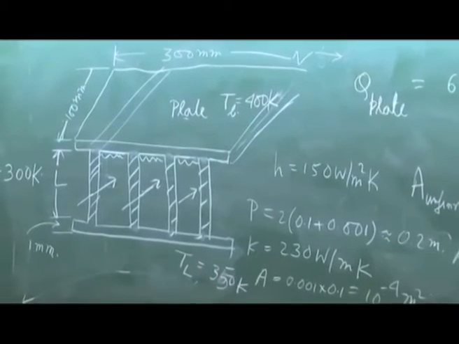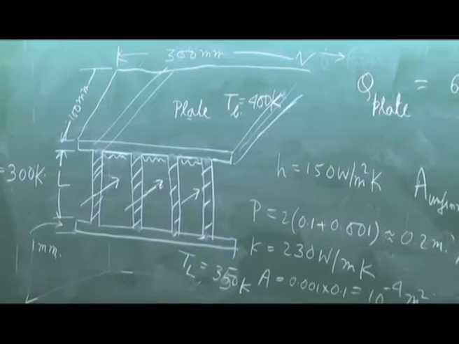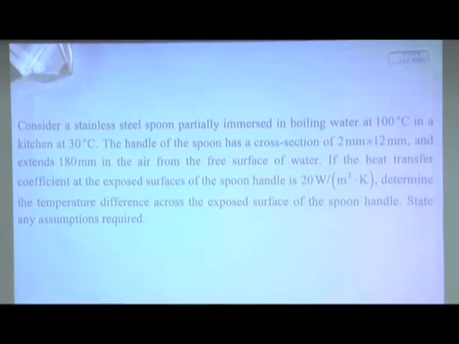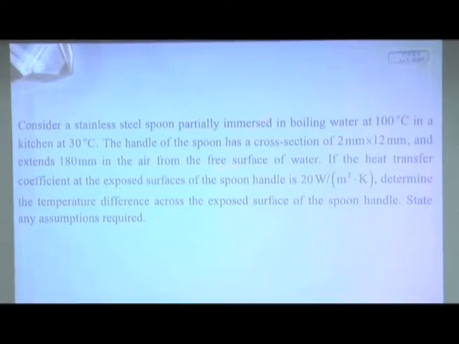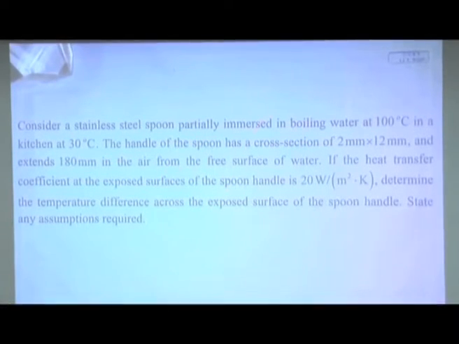Now I will show you some other problems. Consider a stainless steel spoon partially immersed in boiling water at 100 degrees Celsius. You may write it in your own language. Time is less, so all the words cannot be written, or you can in a kitchen at 30 degrees Celsius.